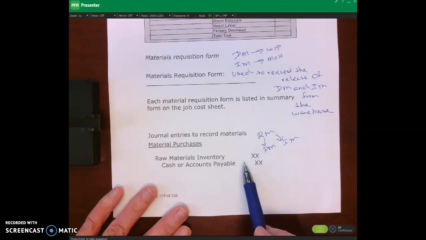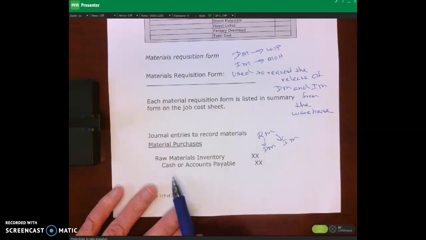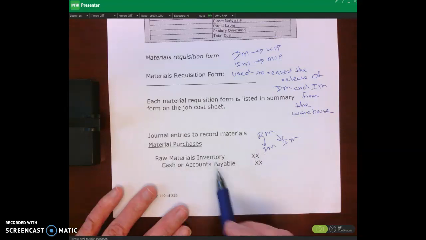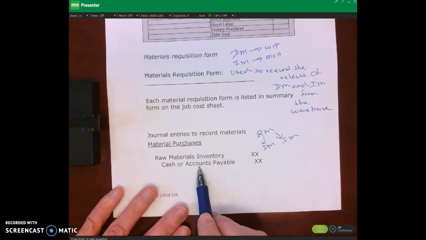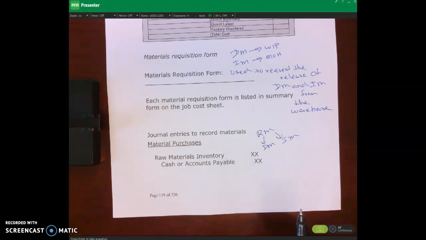When we purchase raw materials inventory, we debit raw materials because raw materials is an asset. The way that we increase an asset is with a debit. So we debit raw materials, and then we credit cash if we paid for it immediately, or we credit accounts payable if we put it on the credit card.